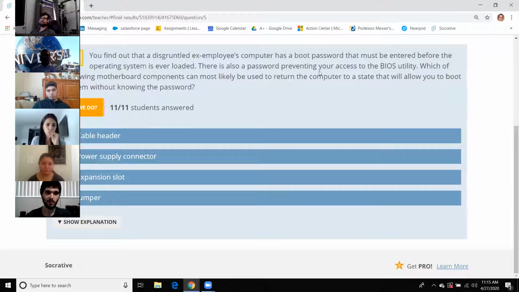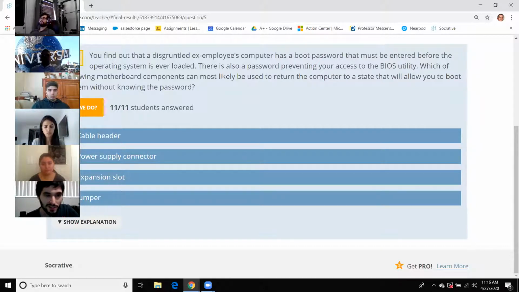Number 5, Justin. You find out that a disgruntled ex-employee's computer has a boot password that must be entered before the operating system ever loads. There is a password preventing you from accessing the BIOS utility. Which of the following motherboard components can most likely be used to return the computer to a state which allows you to boot the system without knowing the password?